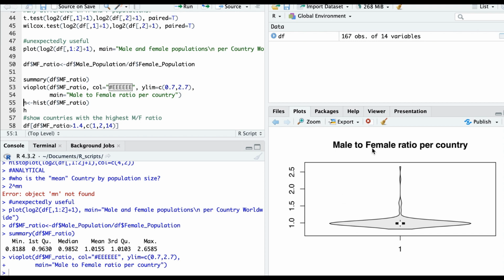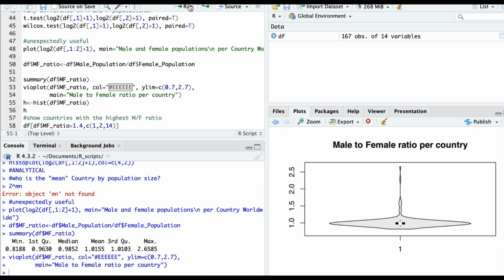If we do male to female ratio, everything below 1 is a prevalence of female, but the prevalence of male is incredible and outstanding for those particular countries.